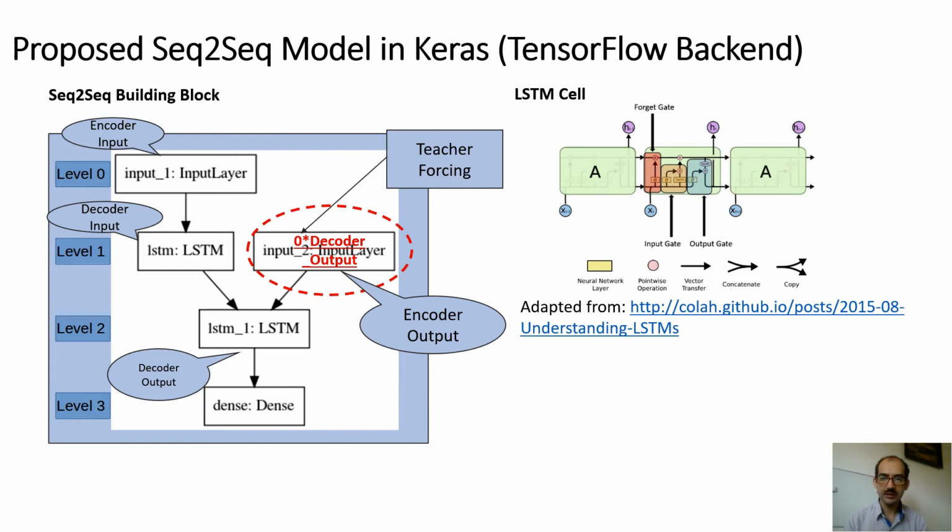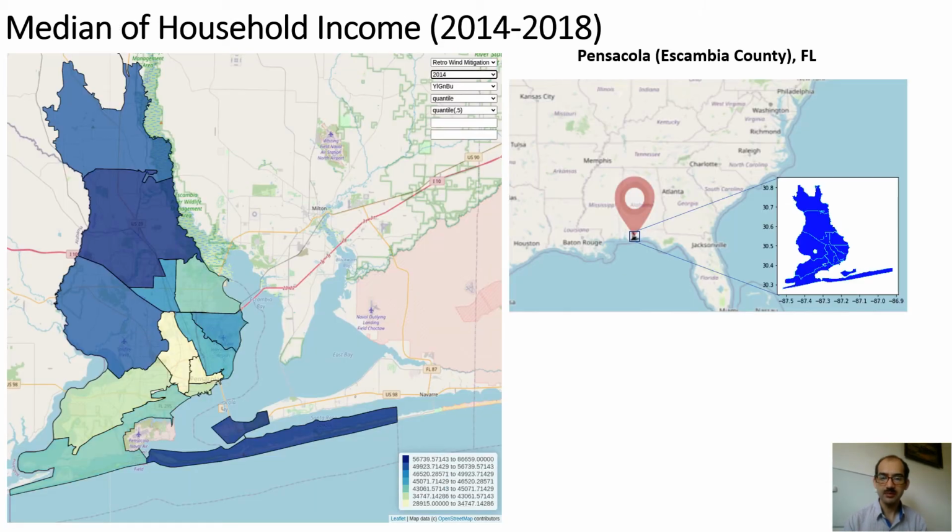sequences and events. Our case study is the city of Pensacola, county of Escambia. I studied the median household income for 2014 to 2019.